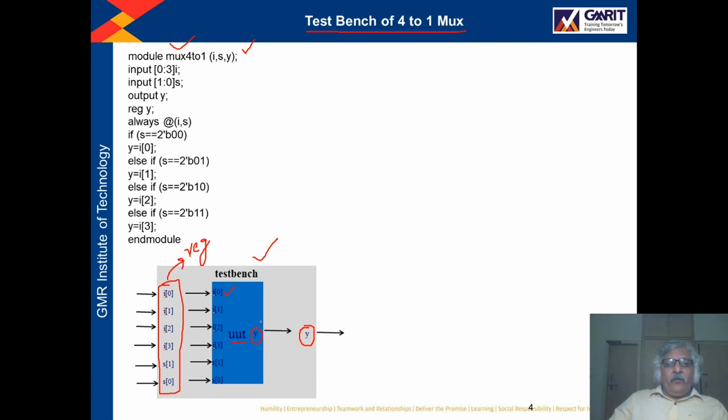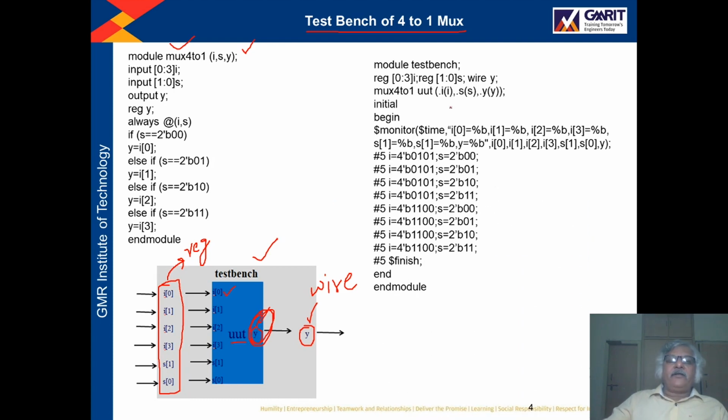And the port of the test bench which is linked with the output port of the unit under test will be declared as wire type. Okay, so this is the test bench module.